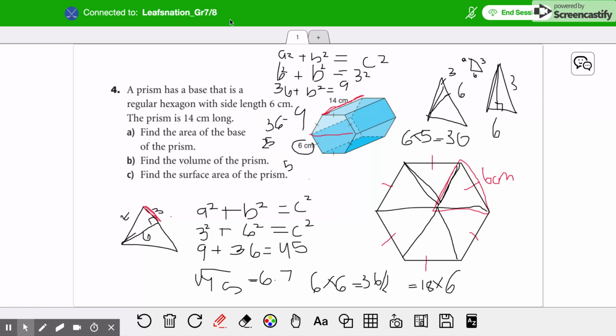So if we did 5.2 times 6 divided by 2 times 6, I get 93.6. What did you have before? 93.5. Yeah, the difference there is likely just from rounding.